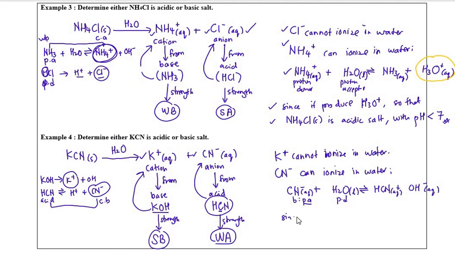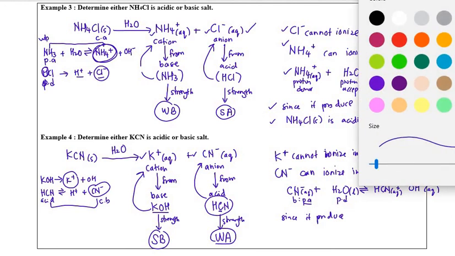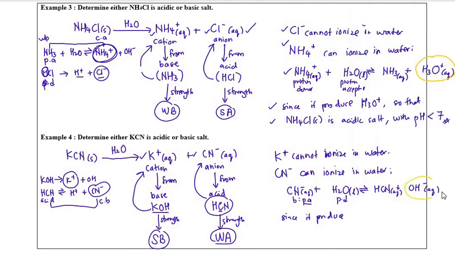Right, since it produces, you see it produces OH minus in the equation. So OH minus, so that, okay, KCN, your salt, is acidic or basic.